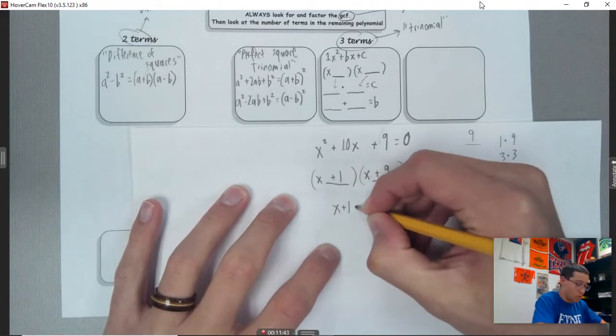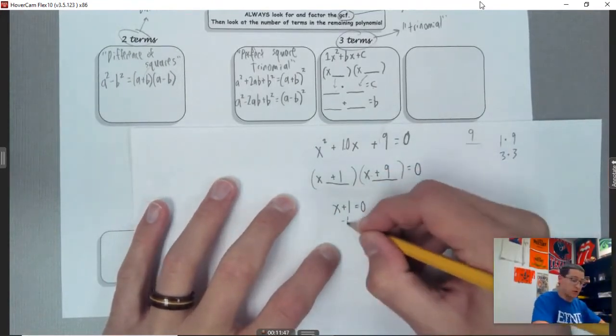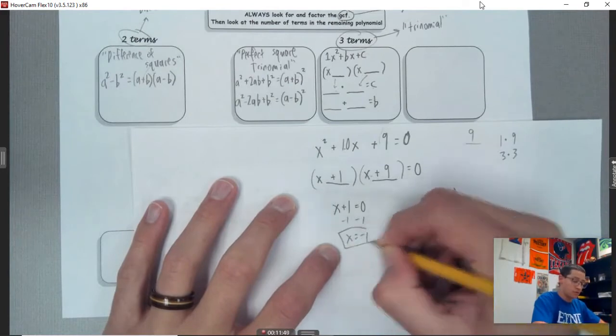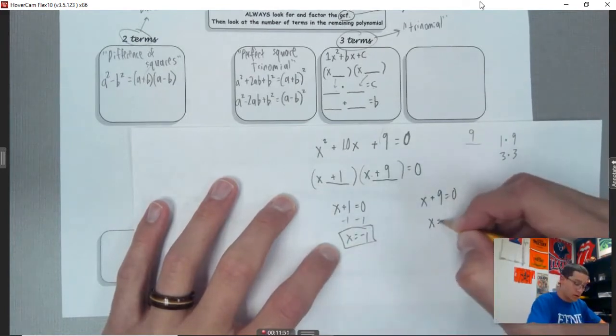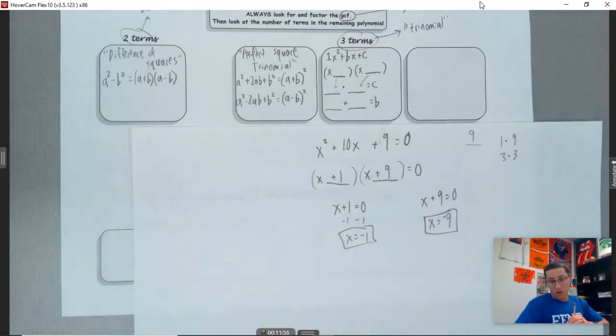So you've got x plus 1 equals 0, x plus 9 equals 0. Then we subtract, and x is equal to negative 1, and x is equal to negative 9. So that's where it's better for us to have it in factored form.